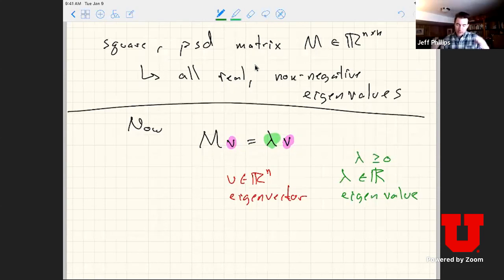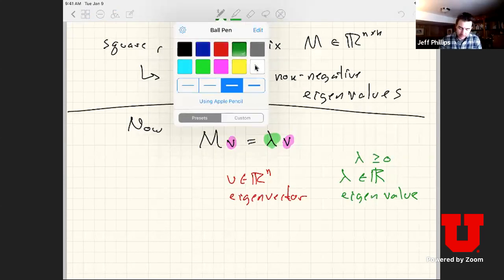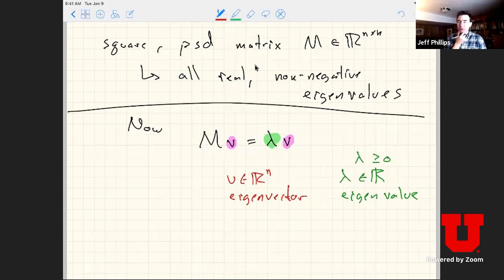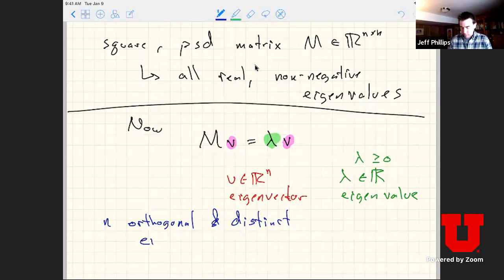So eigenvectors and eigenvalues give me this special structure. If I have a matrix M that is n by n, I can get n orthogonal and distinct eigenvectors.